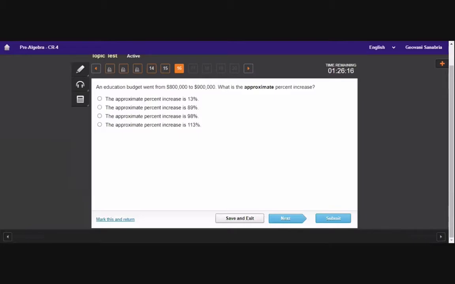Okay, so percent increase. So this is what we just did on the other one. First, you have to figure out how much it increased by in dollars, and then divide to figure out the percent. Or you can just try though. Actually, that's what you probably do, right? You just try each one of those. 800,000 plus 13%, 800,000 plus.